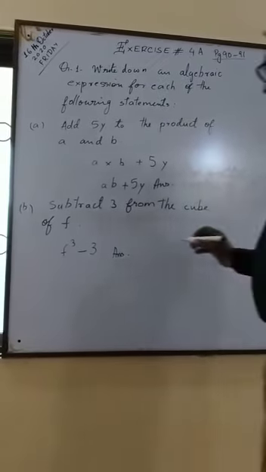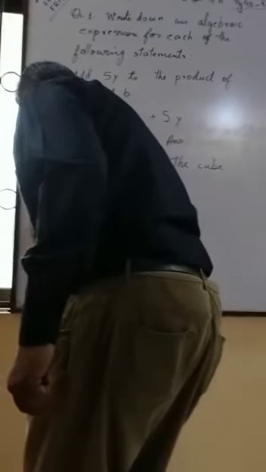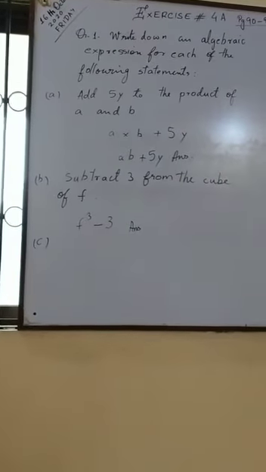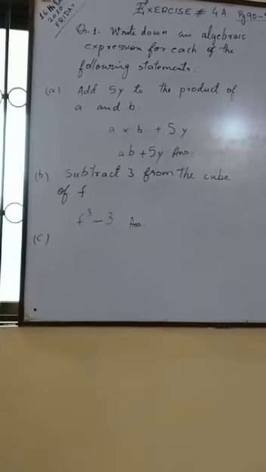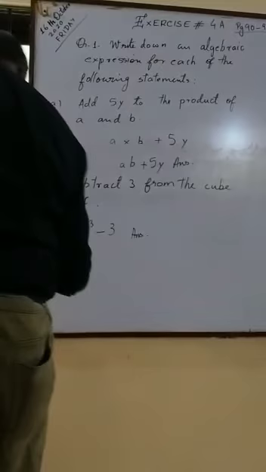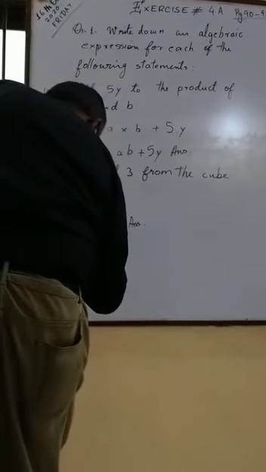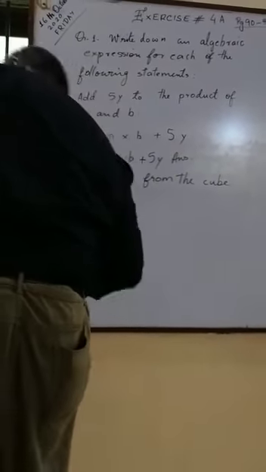Now, in the C part, there is another statement given. They say multiply k by 6q.